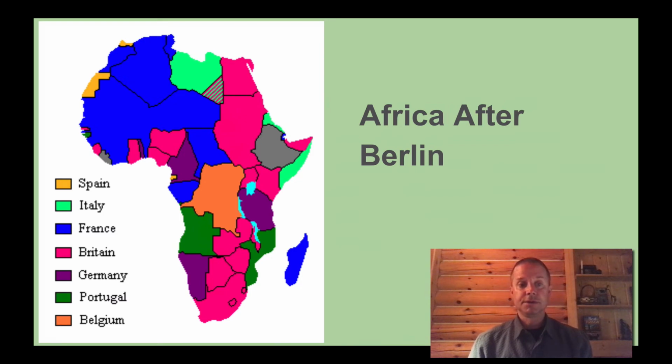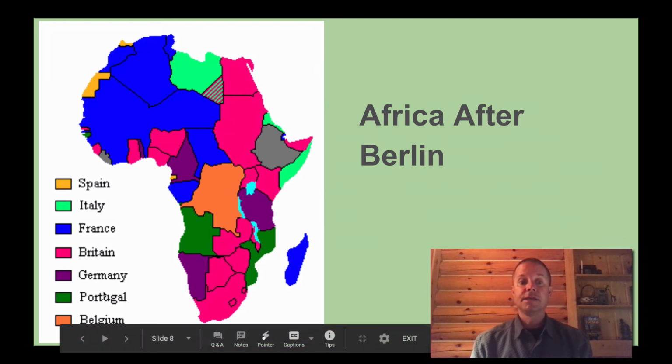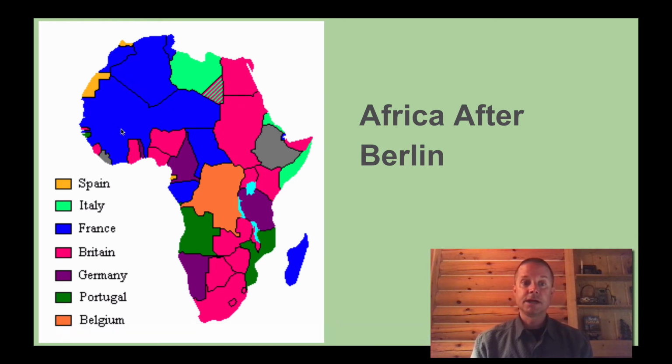You can see 8 countries split it up. And you can see where they split things up. So Britain kind of has this north-south line. France has this area, and the other countries are scattered around. So this is what we'll be talking about, this map and how it came to look like that.